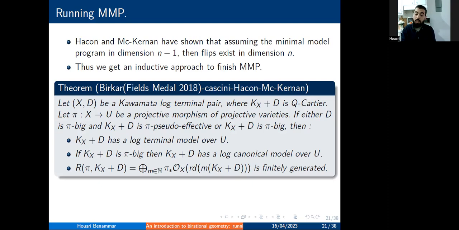That means exactly that this relative canonical divisor plus D is semi-ample, so we can take a morphism to CP^N and study these varieties. The global generation is here, but it was also proved by Siu using an analytic approach.